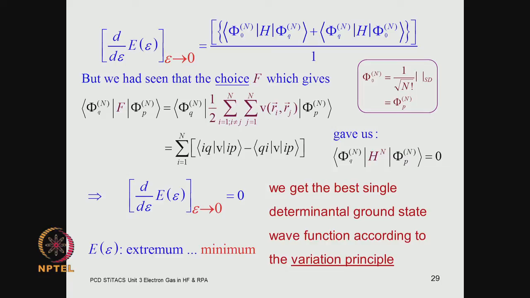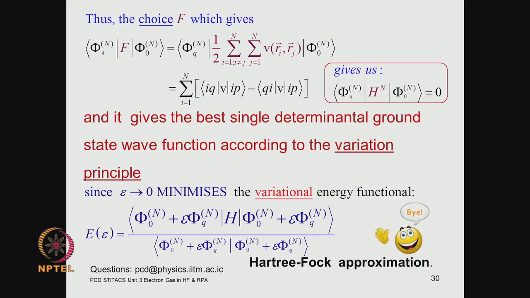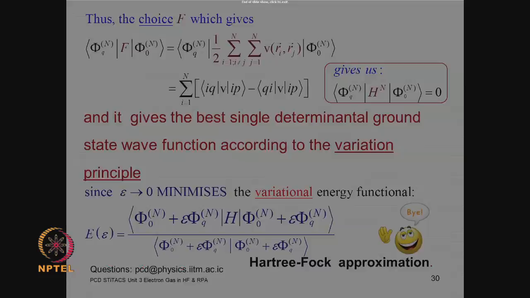So, the limit epsilon going to 0 is important, and the frozen orbital approximation is also explicitly referred to here. What we have now done is to begin to use methods of second quantization, the properties of the creation and destruction operators, integrated in the framework of the Hartree-Fock formalism, and we will now use this discussion to develop the many electron theory for a free electron gas.